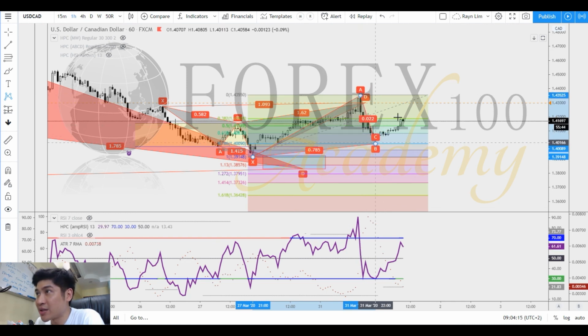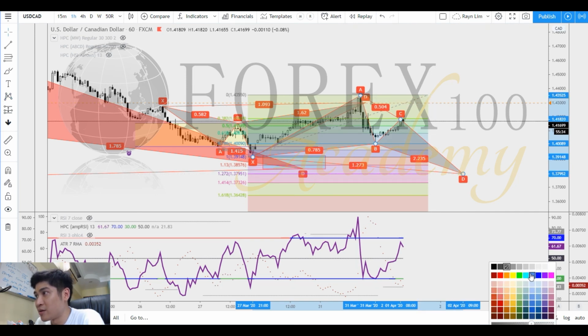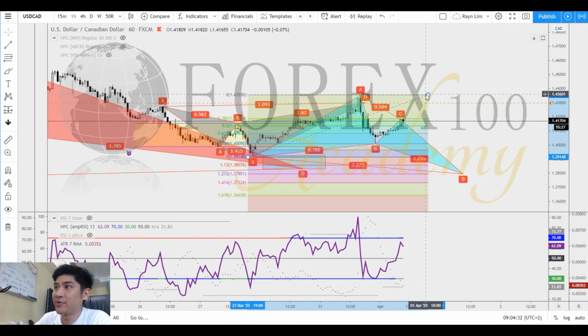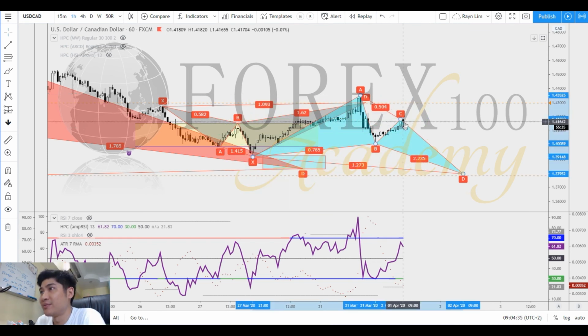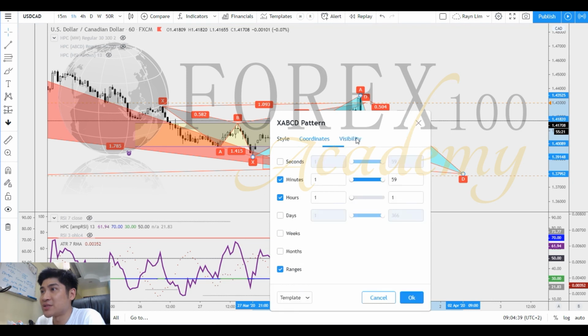So there is a potential butterfly coming up here. And I love to color code so that at one look, my traders, my followers will know what kind of setup I'm waiting for. My students will be able to plot the target profits for themselves.